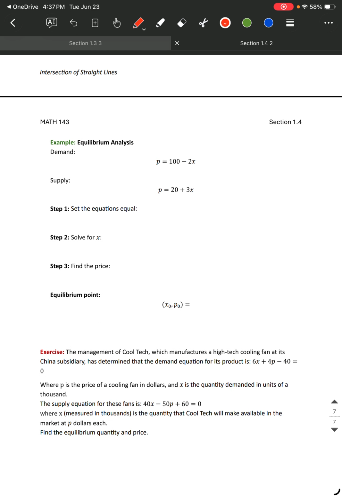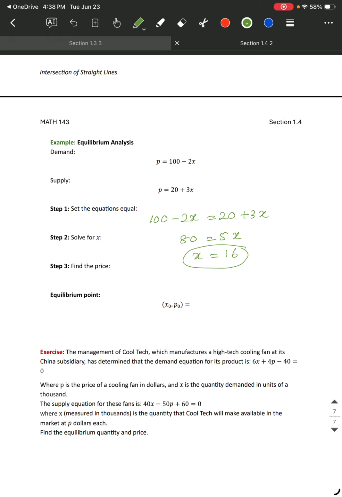Equilibrium analysis: given the demand function P equals 100 minus 2x and the supply equation P equals 20 plus 3x. Then set them equal: 100 minus 2x equals 20 plus 3x. Then solve for x. x equals 16.